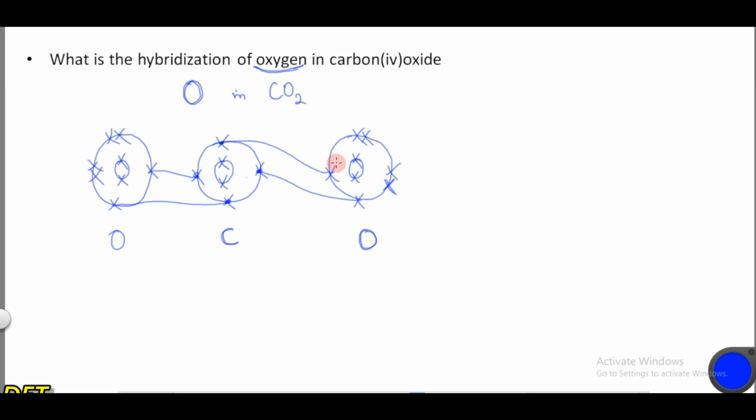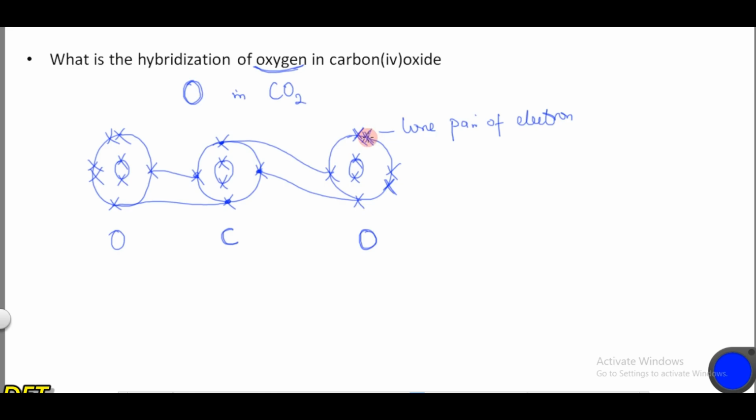So I can take any of the oxygen. So let me take this oxygen. In this oxygen, we have lone pairs of electrons. So this is a lone pair of electrons. A lone pair of electrons is when we have two electrons that are not involved in bonding, or that do not bind with other elements, right?